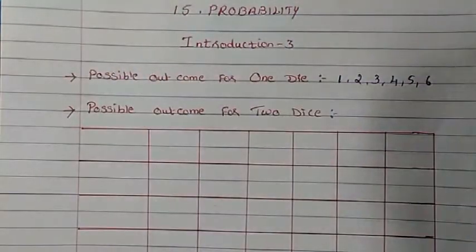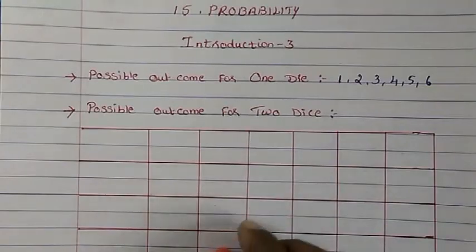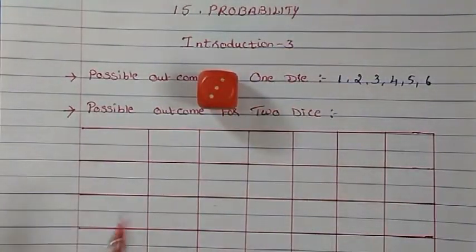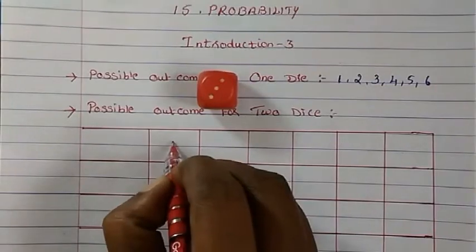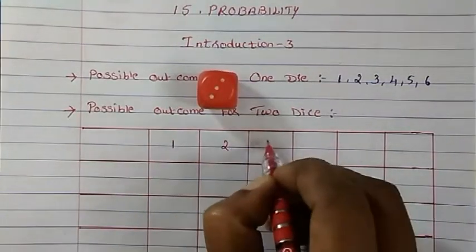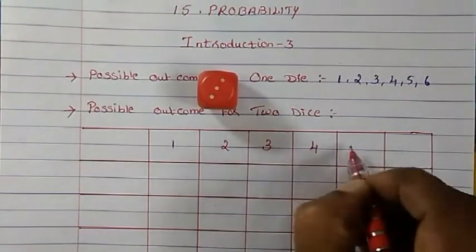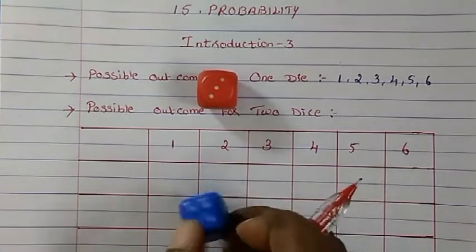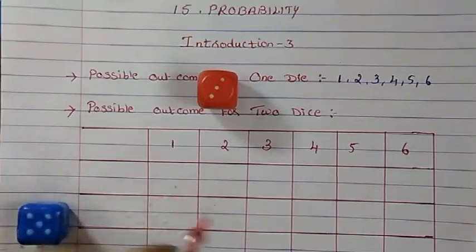Let's see. For example, if it is the red die, for red die we have 6 possible outcomes: 1, 2, 3, 4, 5, 6. And if it is blue, here also we have 6 outcomes.